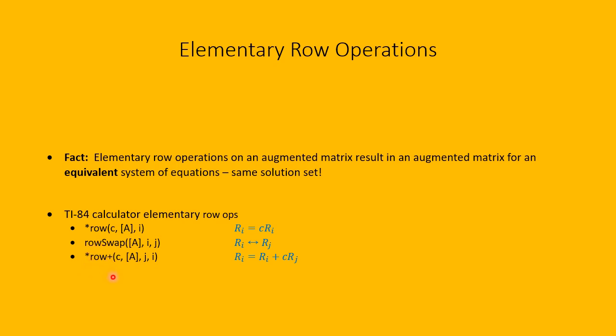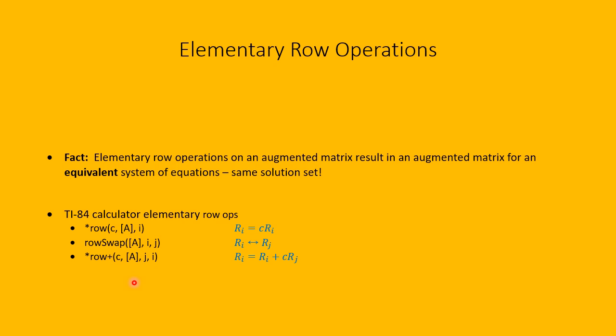In parentheses, we first have the constant c, then the matrix A that we're operating on, and then i and j. We're computing c times row j, and we're storing it in row i. So these are the commands on the TI-84 calculator.